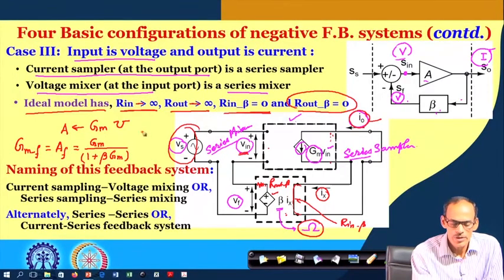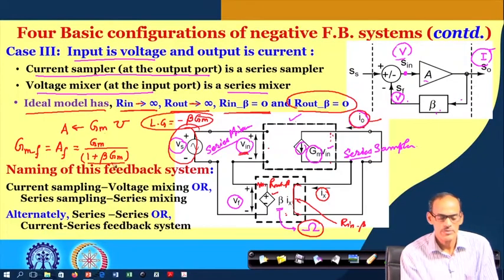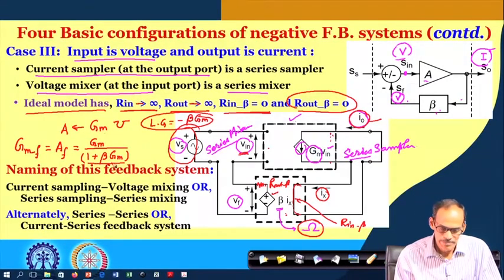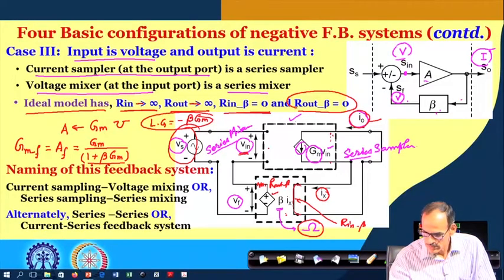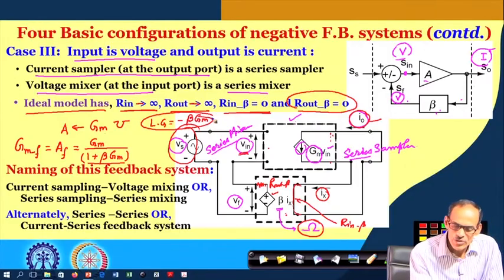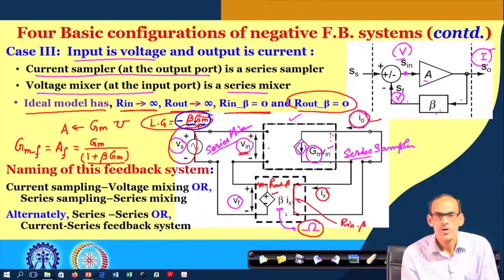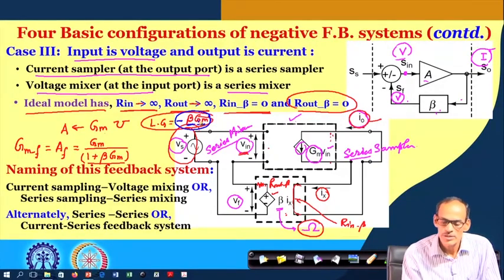And the loop gain on the other hand equals minus beta into G m. Of course, this part it is the desensitivity factor. So, you can see yourself that this loop gain, of course, you are retaining minus sign, but most important thing is that unit of G m and unit of beta, they are complementing each other. So, that it becomes unitless.